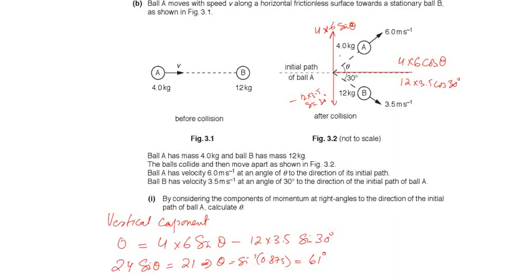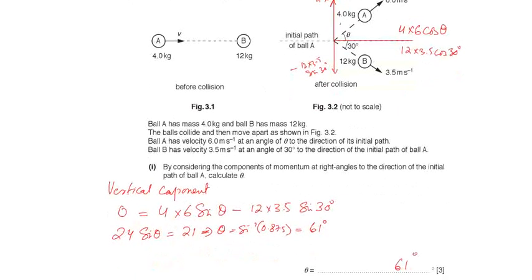Ball A has a horizontal component of 4 times 6 cos theta, and ball B is 12 times 3.5 cos 30. Both are in the right direction. But for the vertical component, we have 4 times 6 sin theta upward, and ball B 12 times 3.5 sin 30 degrees downward. So by comparison it will be minus, right?